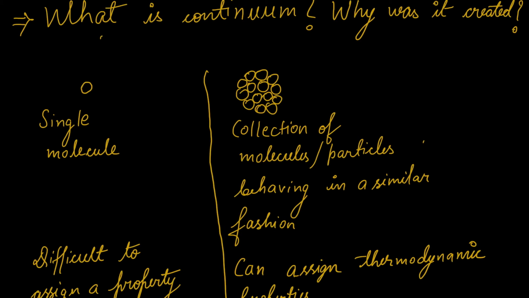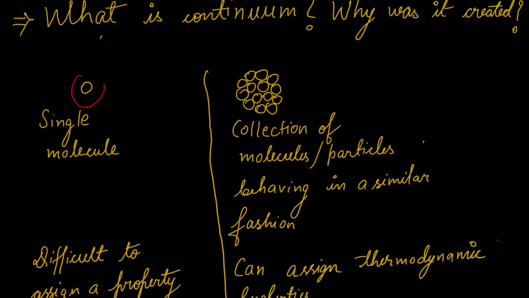So over here, I have a picture of a single molecule and then a collection of molecules. On the left hand side, you can see a picture of a molecule, and on the right hand side, you can see a collection of different molecules.